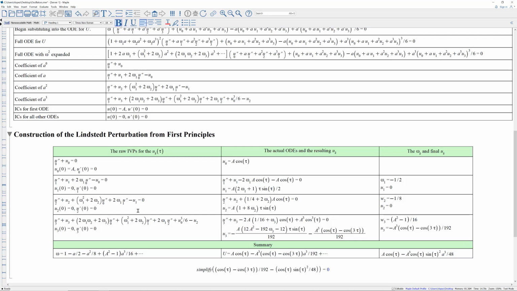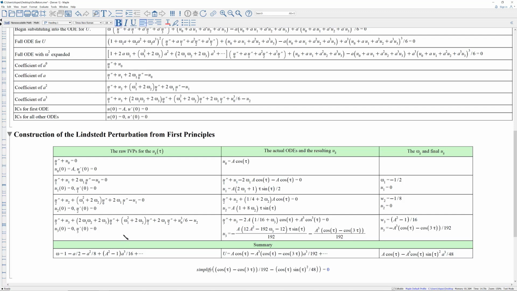And so you have to make these substitutions to get this differential equation in just u2. u2 will turn out to be this expression, and it's got a secular term in it. In order to get rid of that secular term, you make its coefficient 0. So 1 plus 8 omega 2 is 0, or omega 2 is minus 1/8. That's where this guy comes from.